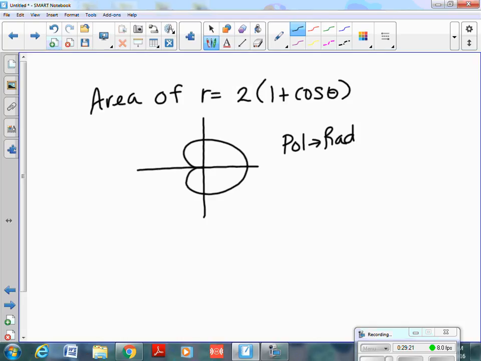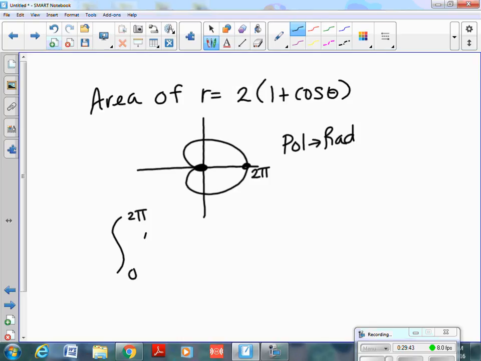So basically, we're going to integrate from 0 to 2 pi. How did we get that? This is 0, and out here is 2 pi. So you can go to intersection, and you can figure out where this intersects. Okay, once you do that, you're just going to use the formula.